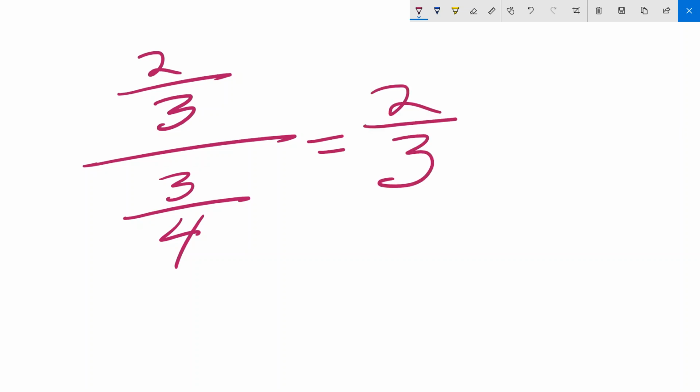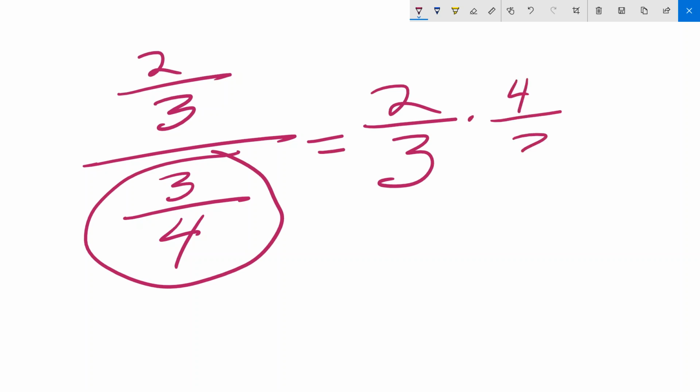The reciprocal of the denominator. You know what the reciprocal means. You flip it. What's the answer? It's now a multiplication problem. 8/9? You got it.